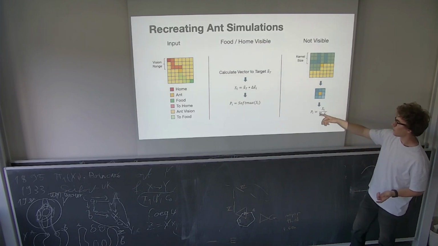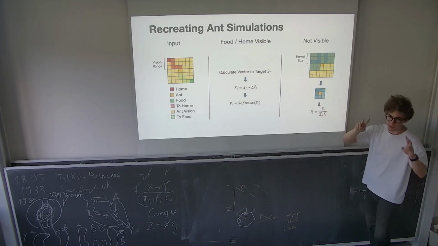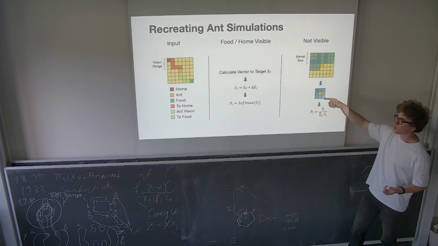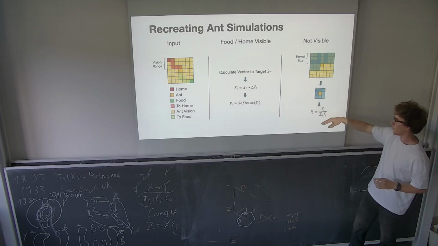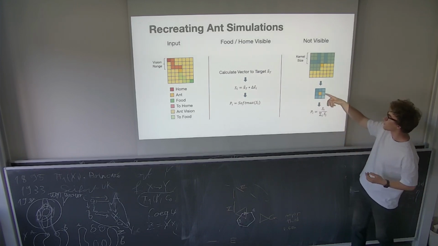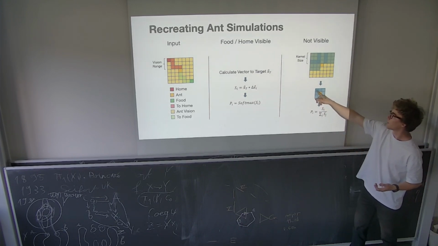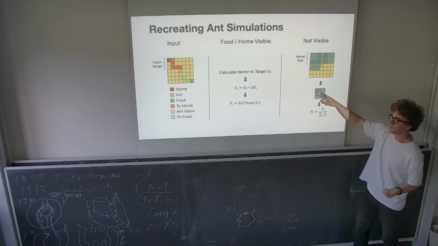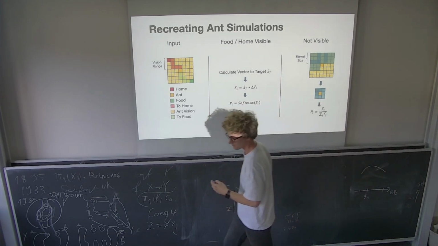Again, the probability to take a certain action is the score that I'm associating, just normalized. In this specific example, the assumption would be that the pheromones go the highest here, and so it would try and take a step in this direction.